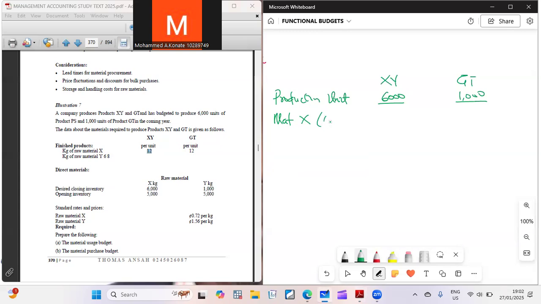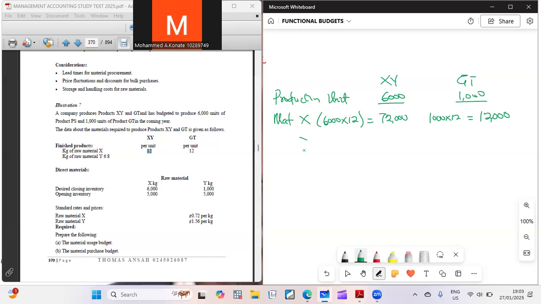We have 6,000 multiplied by 12, right? And for GT the same, so here will be 1,000 multiplied by 12. So here is clearly 12,000. That is for material X. And here, 6 times 12 is 72, right? So that is the number of material X we will need.